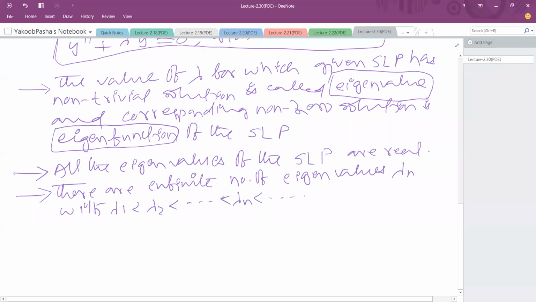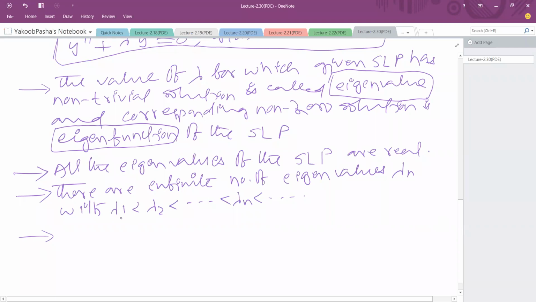Every increasing sequence is bounded below, and this one is bounded below by lambda 1. There is no upper bound.